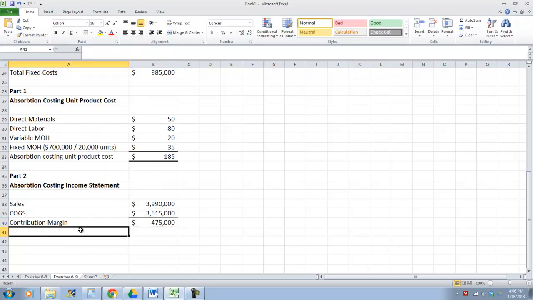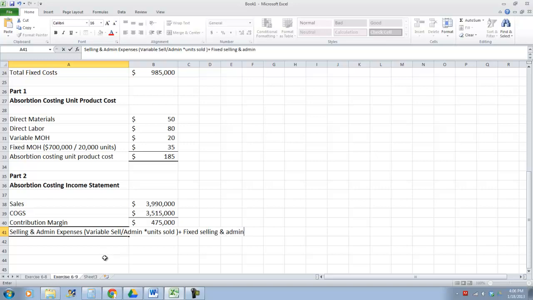Then we have selling and admin expenses. This is equal to variable selling and admin times units sold plus fixed selling and admin.